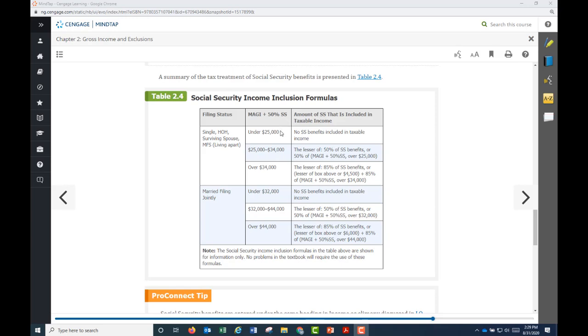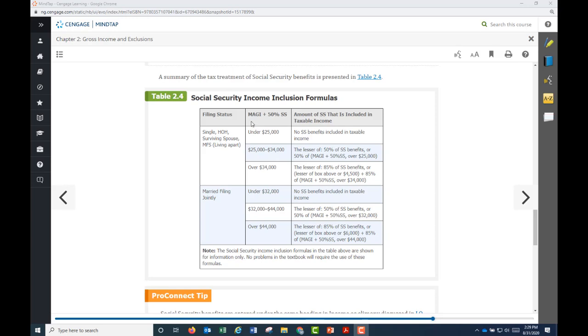Look at the range of that and then determine the amount of Social Security that is included in taxable income. If the MAGI plus half of Social Security benefits is under $25,000, then there are no Social Security benefits to be included in taxable income.